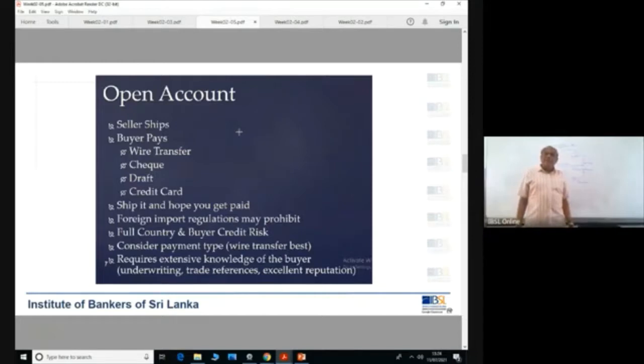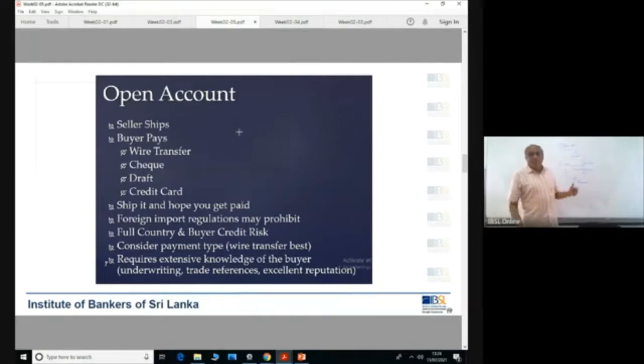Right? Consider payment type. So based on the payment type, based on everything, we will select the best payment method, whether it's SWIFT or wire transfer, whatever. Right? Then it requires extensive knowledge of the buyer. The seller has to have good knowledge about the buyer, because the buyer can play out.